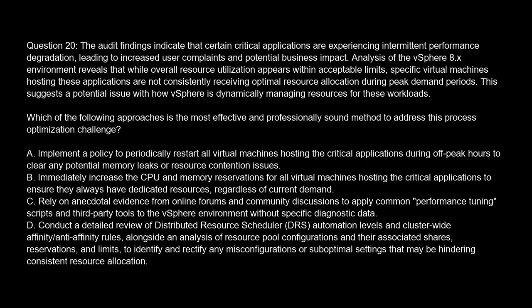Option D. Conduct a detailed review of Distributed Resource Scheduler (DRS) automation levels and cluster-wide affinity/anti-affinity rules, alongside an analysis of resource pool configurations and their associated shares, reservations, and limits, to identify and rectify any misconfigurations or suboptimal settings that may be hindering consistent resource allocation.